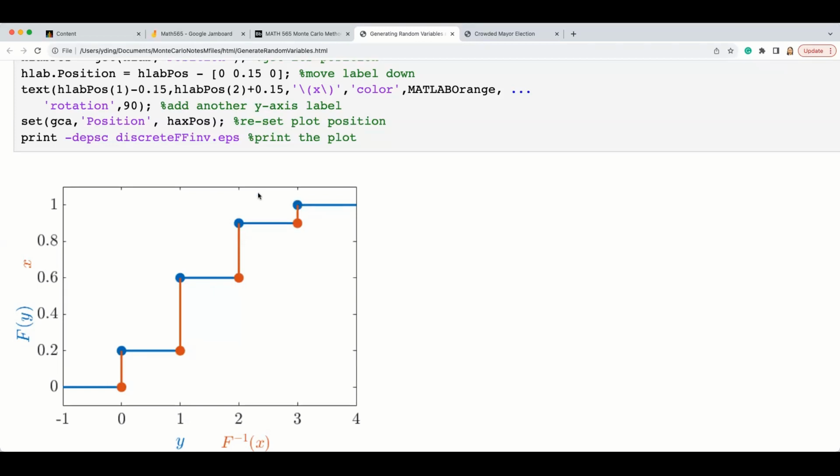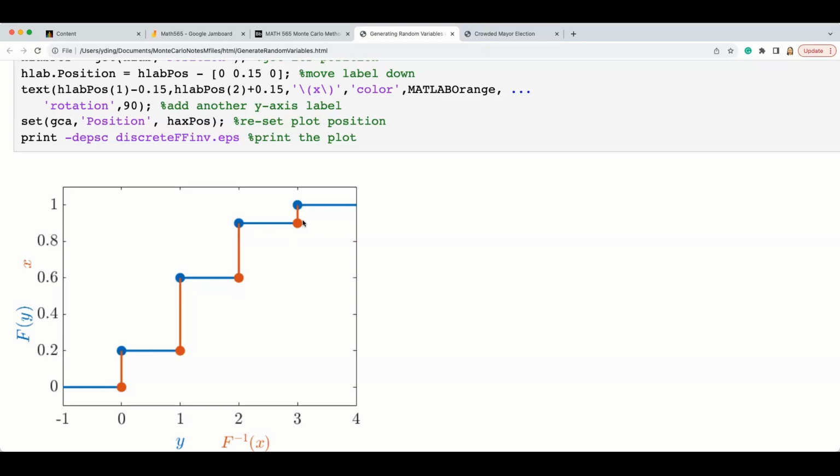Then the question is, for example, if I choose a z that follows the standard normal, and it's 0.5, can you tell me what the value of x is? So if z is 0.5, what is the value of x? I heard 1, right? That's the correct answer, because you see this red line is the inverse distribution function.